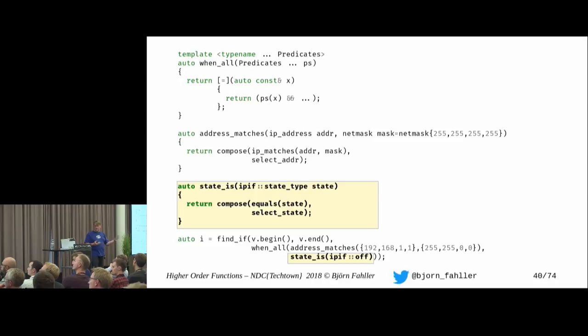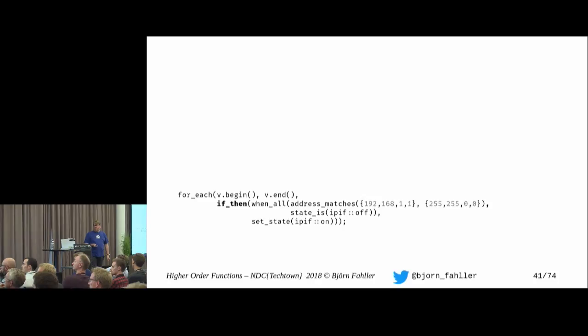Obviously, you've seen the equals on the very first few slides, and select state is obvious, and we compose these. So we can check if the value returned from calling the state on an IP interface is equal to the value we're searching for. Nothing strange there.